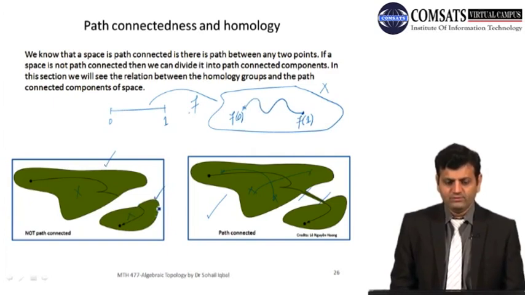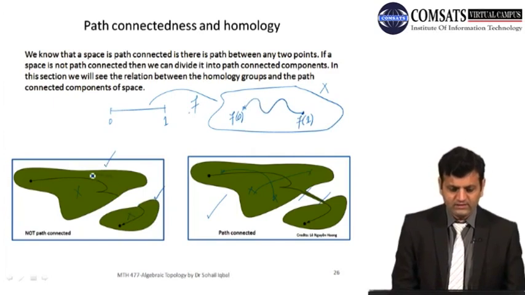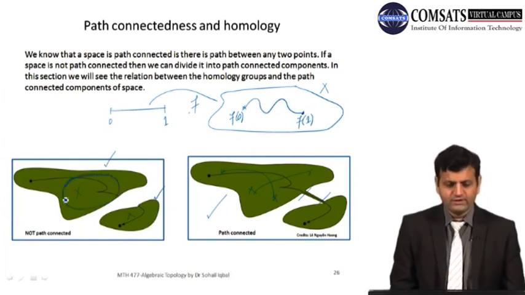I'm using the word maximal, so you can't say, let's take a subset of this, and this is a path connected component of X, because this is contained in some bigger path connected subset of X. So this shaded portion is not a path connected component because this is not maximal.